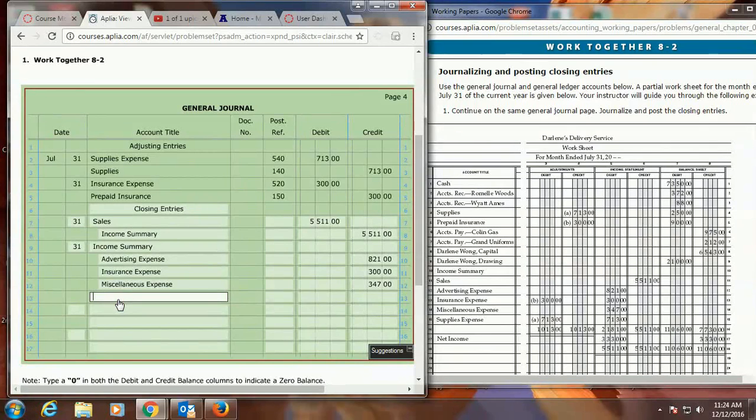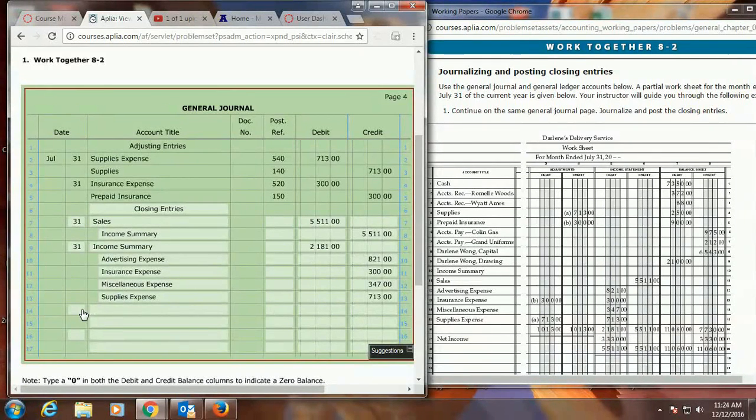And the last one on here, supplies expense, and I'm going to do a credit for $713. Okay, if I add all those four numbers up, that would give me $2,181, which is my debit to income summary. And it's actually also here on the worksheet as my total.